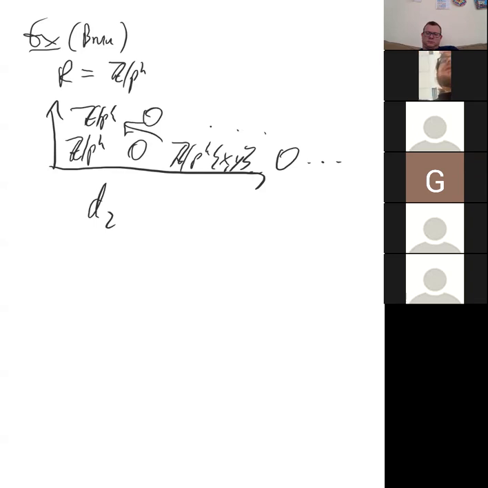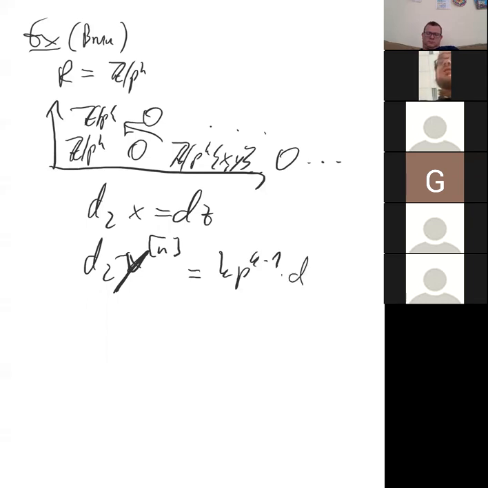And it turns out that d2 of x is just dz, and d2 of y is something similar. I then have to tell you what the divided powers go to, but the differentials are compatible with divided powers in this situation, which is something we can work out. That's some extra information.